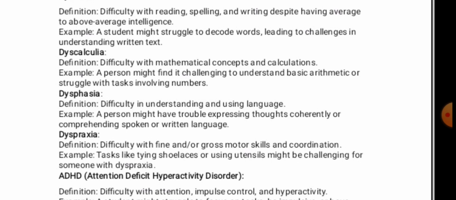Basically they struggle with words, right? I believe that you have already watched the movie Tare Zameen Par. In the movie you have seen Ishan, that small child. That child was suffering from dyslexia.